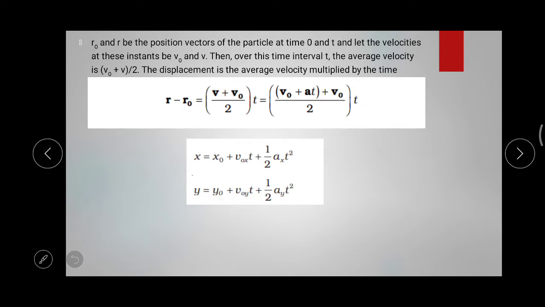So displacement will be equal to x minus x0, which is equal to v0x into t plus half ax t square. This is the second kinematic equation for the component of the motion in the x direction. As well, for the y direction we can find the equation as y is equal to y0 plus v0y t plus half ay t square.